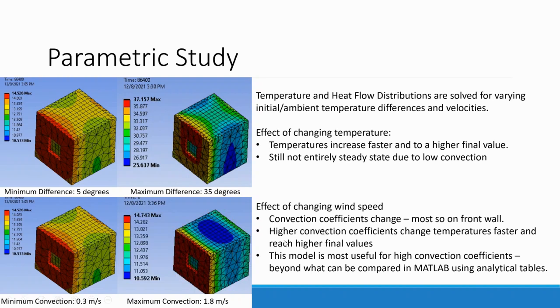So changing wind speed changes convection coefficients most on the front wall, and it reaches a temperature value closest to steady state value, whereas the other one does not reach as close.